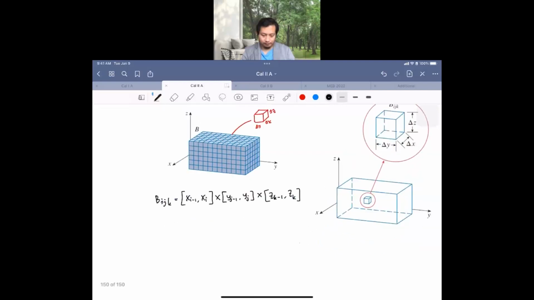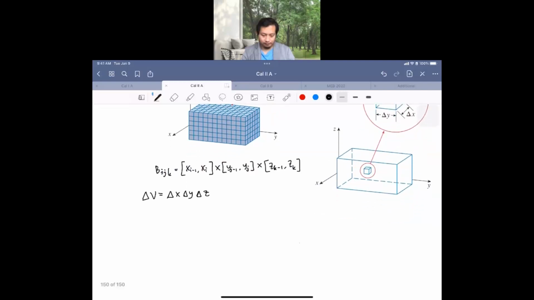And of course, if we take the volume of the small box, we take it as a delta V, which is delta x, delta y, and delta z. And then from this delta volume, we can make it into a triple Riemann sum. So from i, let's say this goes to l, j goes to m, and k goes to n.